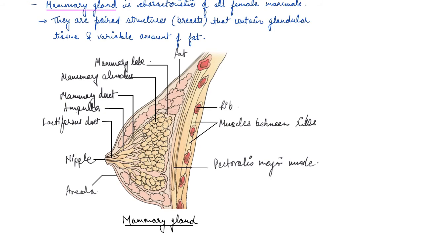After that, we also saw the structure of a mammary gland where milk is produced once the infant is born, right? That milk serves as food for the baby for various months or even years, right? And how the milk is formed inside and what the various parts of a mammary gland are. And we all know that it is a characteristic of all female mammals.